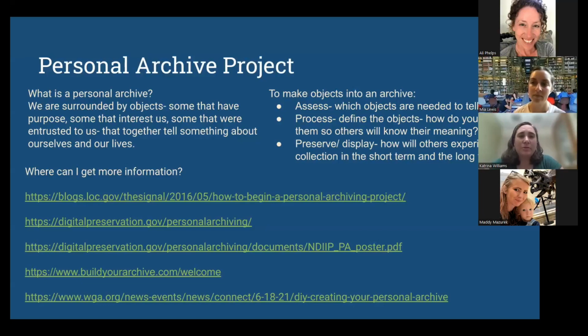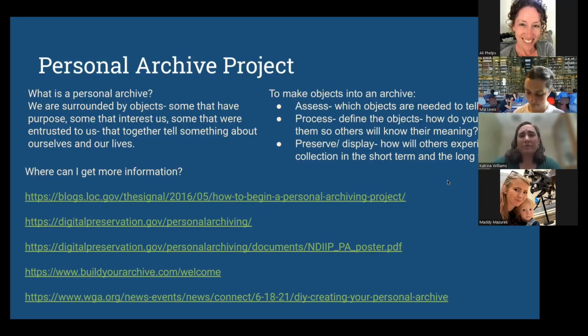So what is a personal archive? It's just taking a collection of the objects in our lives and organizing them in a way that's going to tell a story about ourselves or about our lives. So how do we do that? First, we're going to think about what are the things that are meaningful to us. Maybe you're thinking through your family traditions, or that box of photos to go through, or some of the things we've shared on our blogs and through our different club activities, like recipe collections.